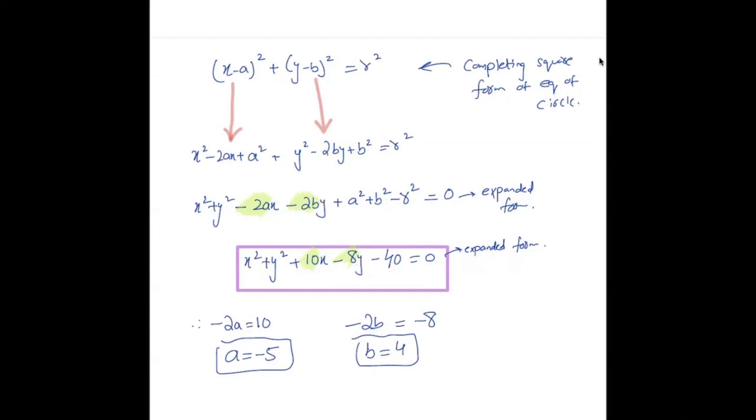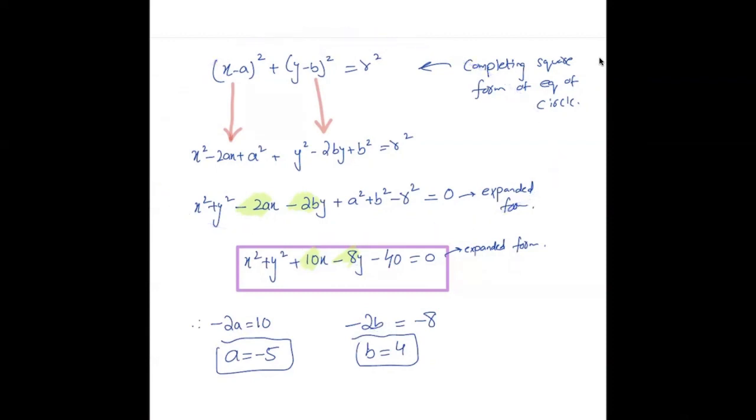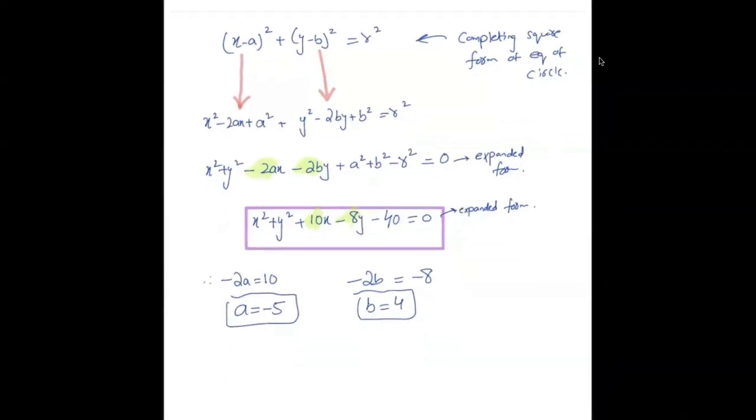Instead of expanding every time, just remember this. So a is minus 5 and b is 4 in this example. So the center of the circle is (5, negative 4).